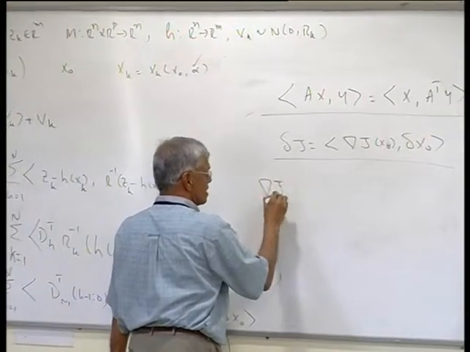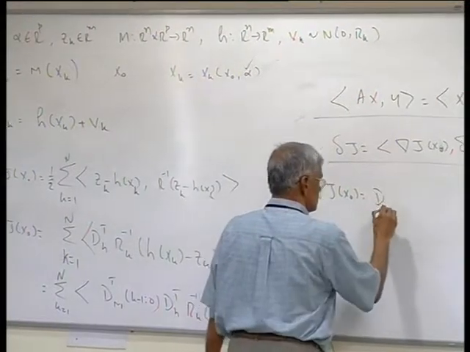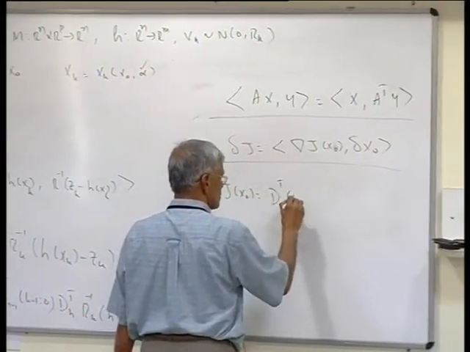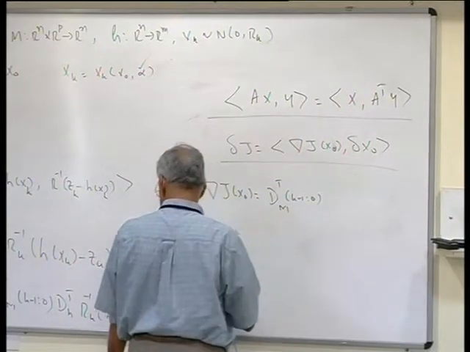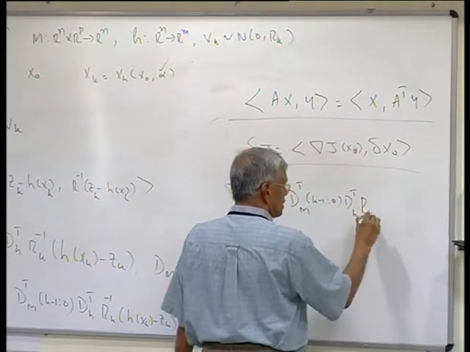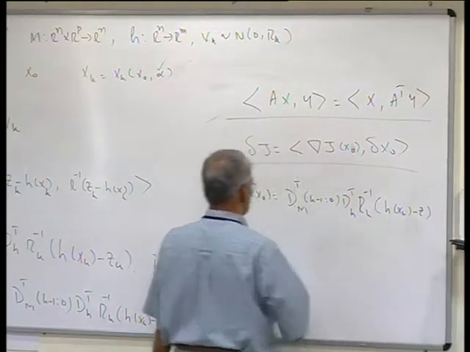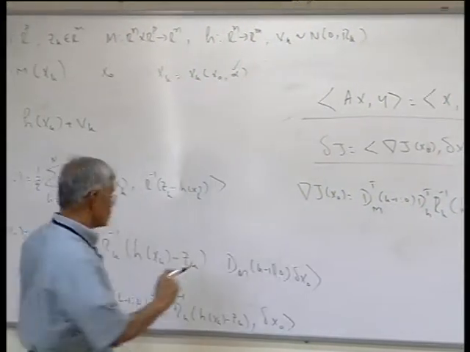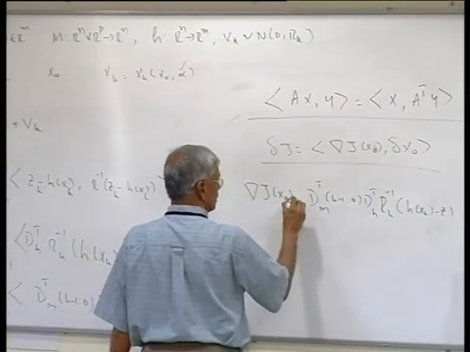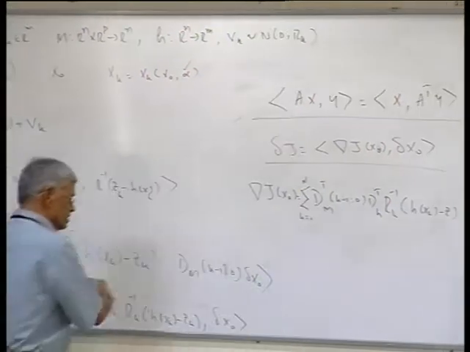I get what I want. It is equal to D m transpose k minus 1 colon 0 D h transpose R k inverse h of xk minus z, with a summation. I have to have summation. Sorry.